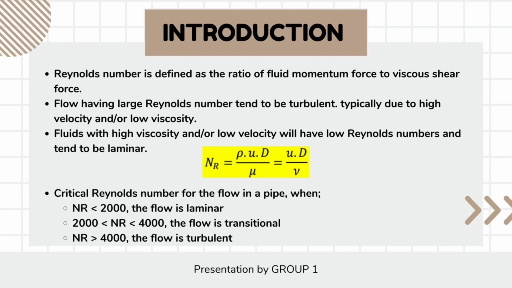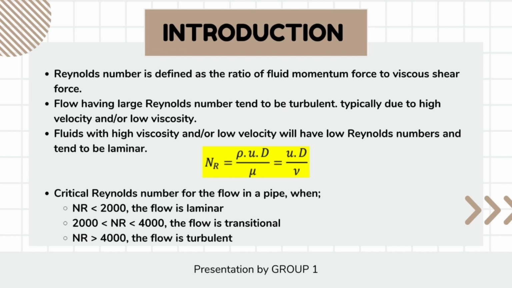On the other hand, fluids with low velocity and/or high viscosity will have low Reynolds number and tend to be laminar. So on the yellow box, there is a formula to calculate the Reynolds number.